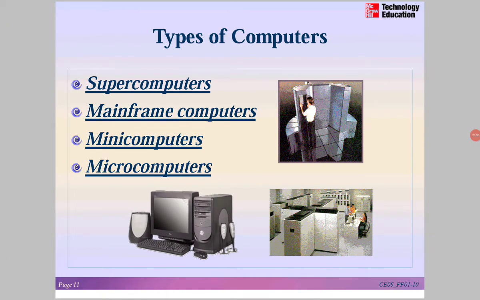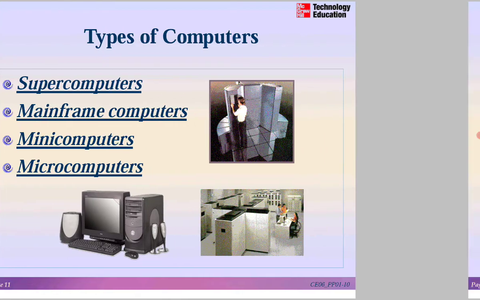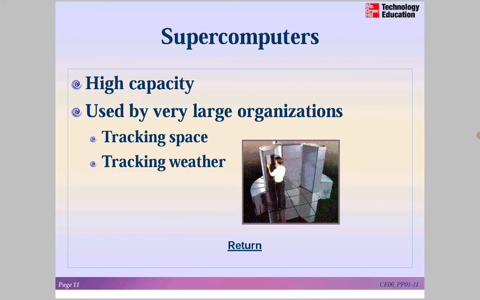As we already discussed, what are the basic types of computers? Computers are basically four types: microcomputers, minicomputers, mainframes, and supercomputers. Supercomputers are generally very high capacity, high speed computers used by very large organizations to process large amounts of data and calculations.